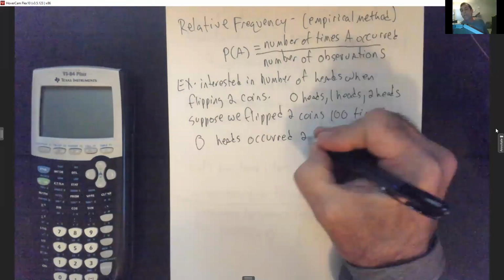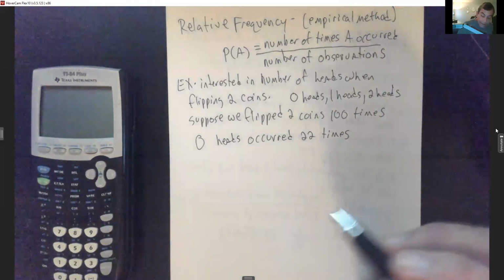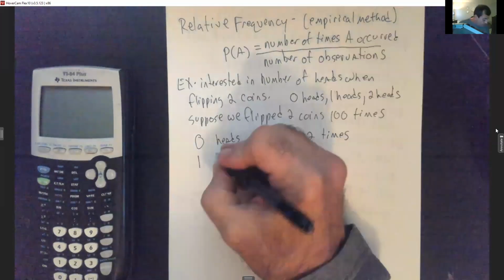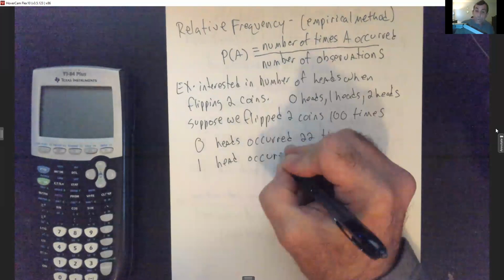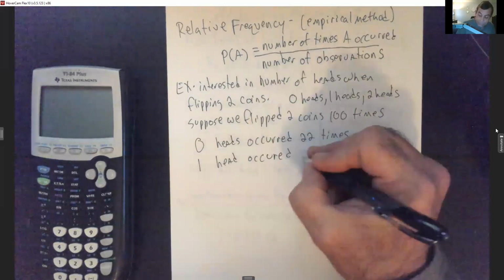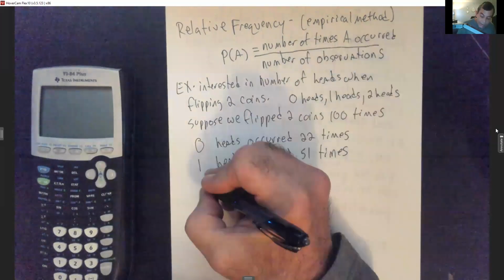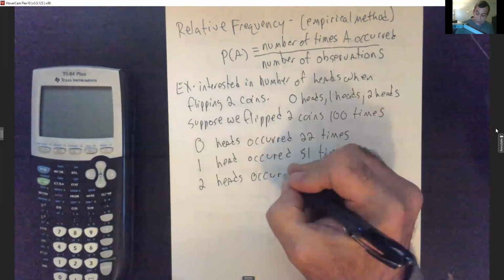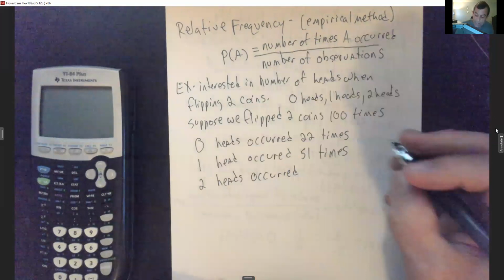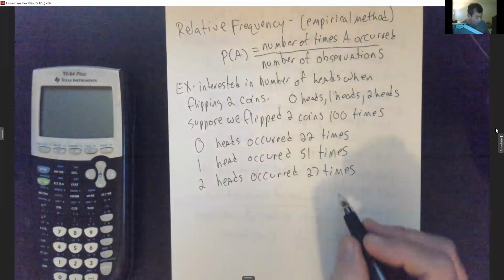So that means 22 times they had 2 tails on their flips, okay? They got 1 head that occurred 51 times. And then 2 heads occurred, what was that, 27 times. So all these flips added up to 100.